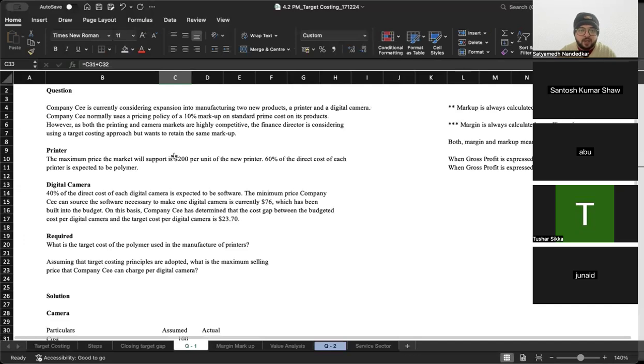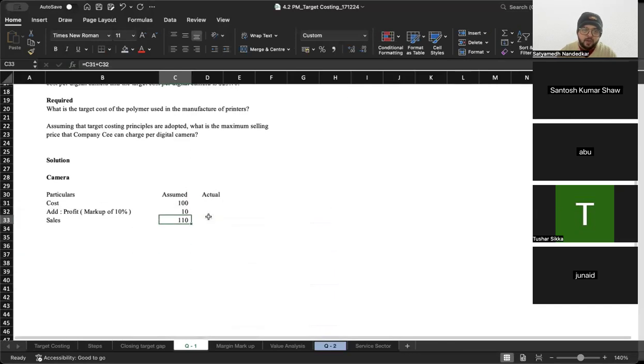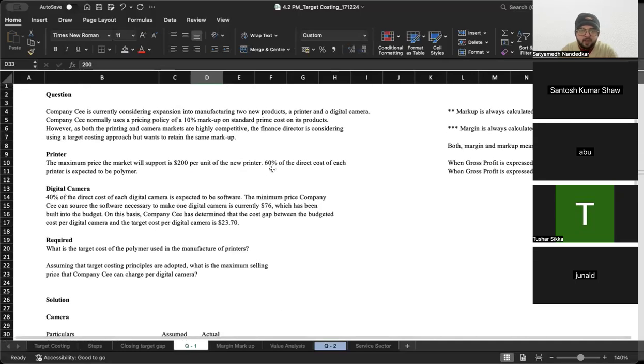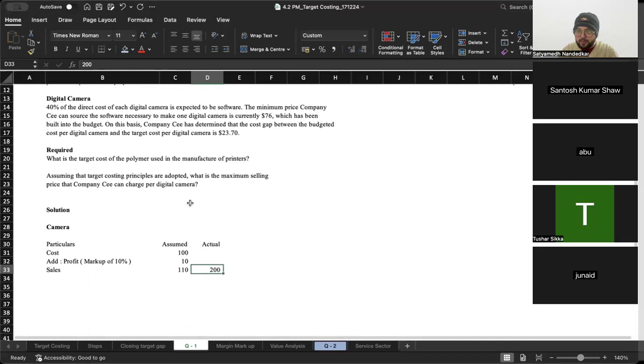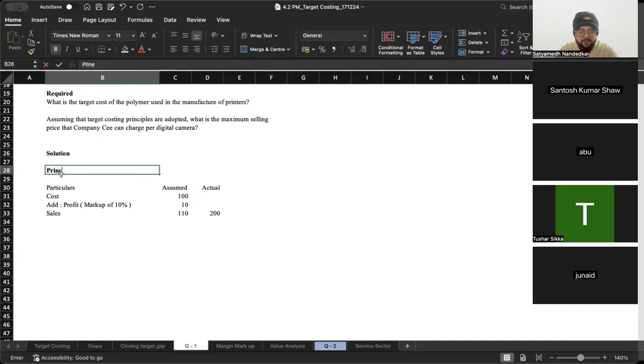What is my actual selling price? The maximum price that the market will support is 200. So I should write 200 here in front of the sales price row. Now I have to maintain the same markup. So what will be my target cost? My target cost in this case will be, oh, this is for the printer, sorry, my bad.